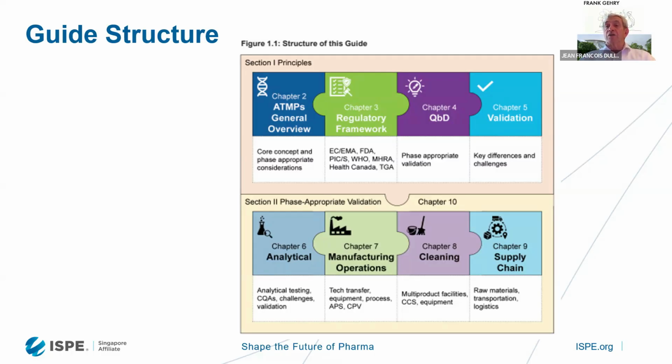For the manufacturing operation, we will talk a little bit about tech transfer, but also about CPPs, critical process parameters, linked with CQAs, critical quality attributes. We will have some points on contamination control strategy. This will take place in the quality risk management, and we will also have some parts on raw materials, transportation and logistics. With that, we will cover all the content of the guide.